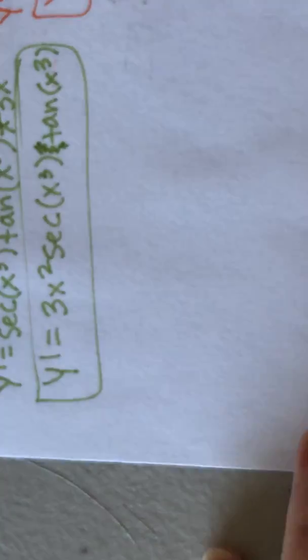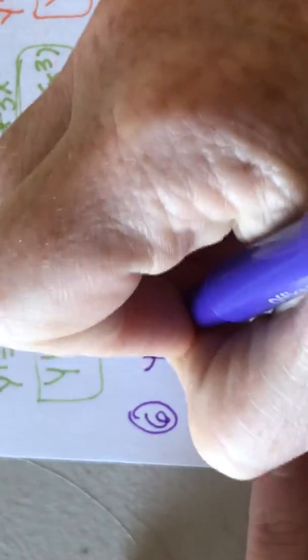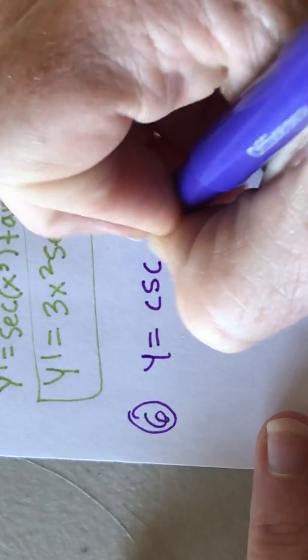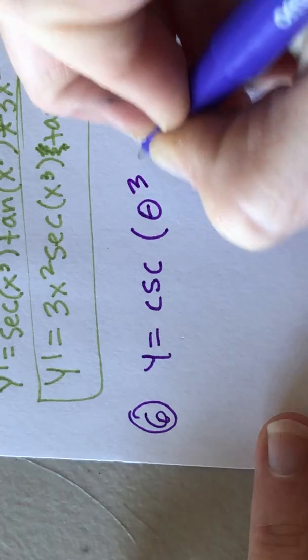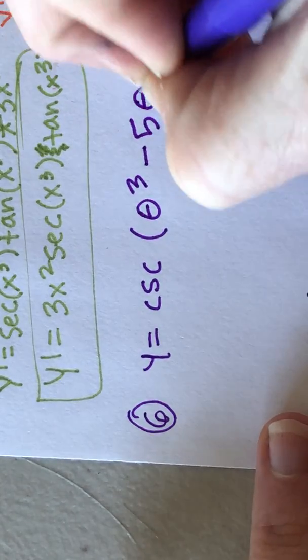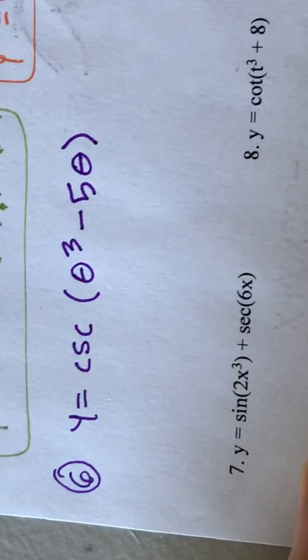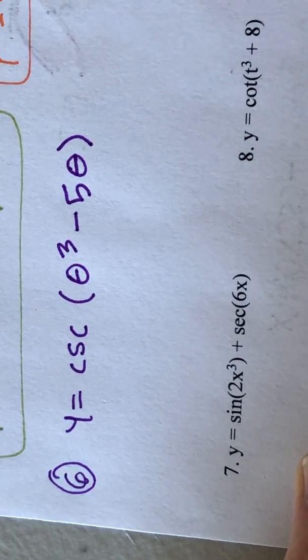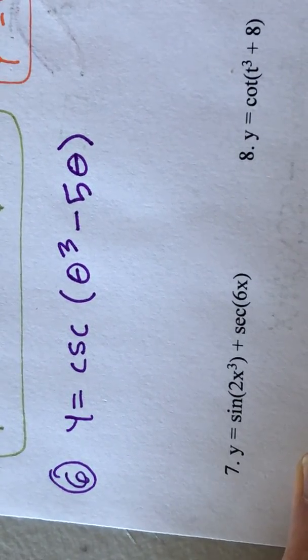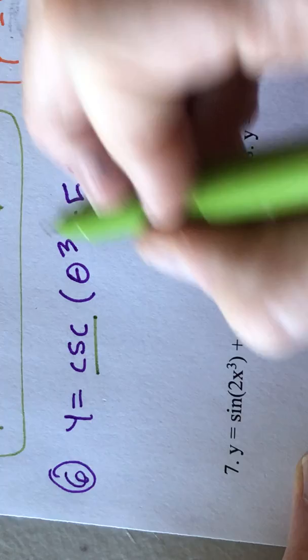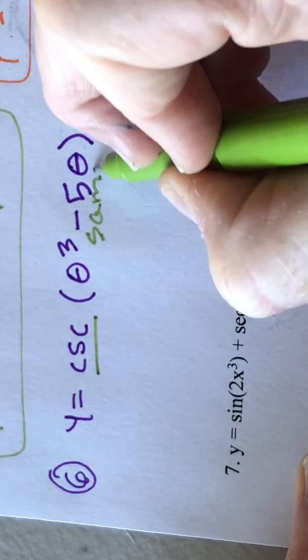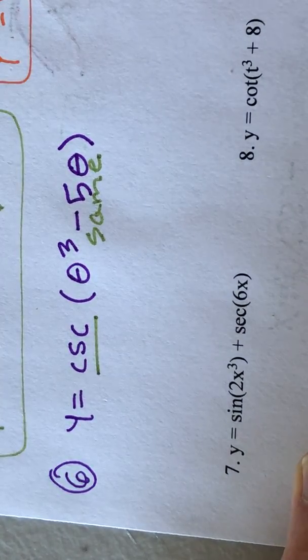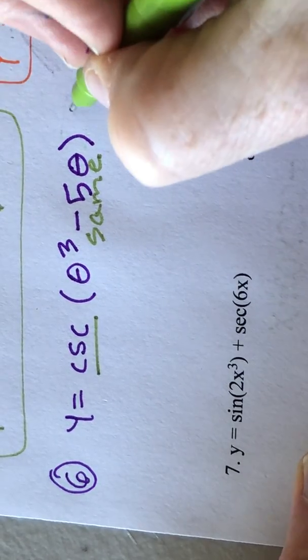Okay, number 6, I'm running out of room, so I'll just do it below. 6 is y equals cosecant of theta to the third power minus 5 theta. Okay, so if I'm finding y prime, I'm really just taking the derivative of the cosecant, keeping this the same wherever the x would be, and then taking the chain rule.